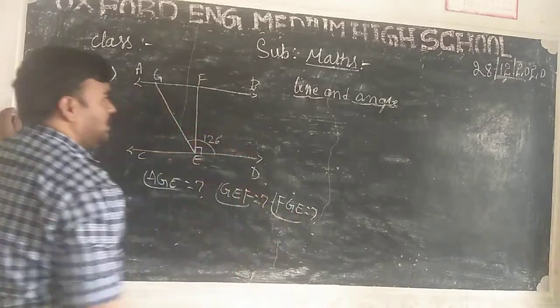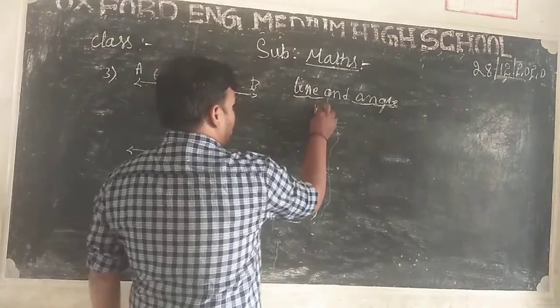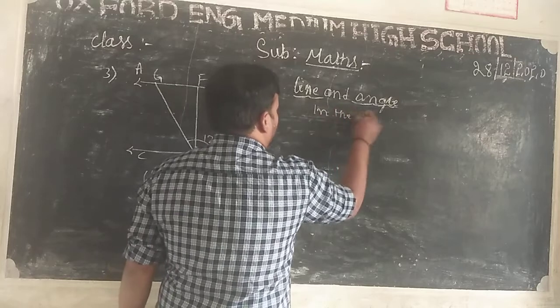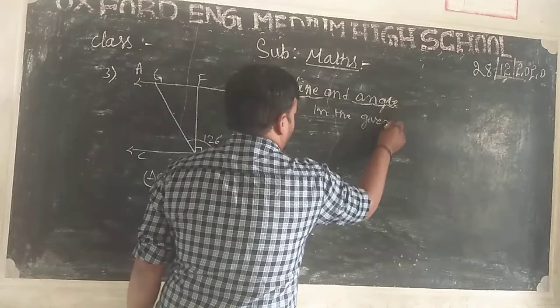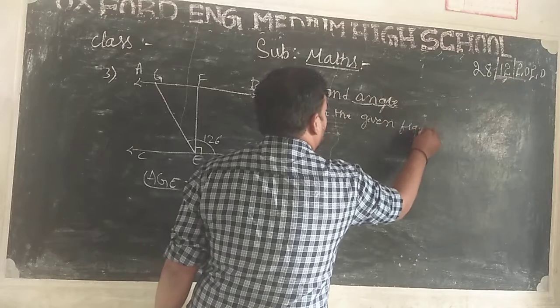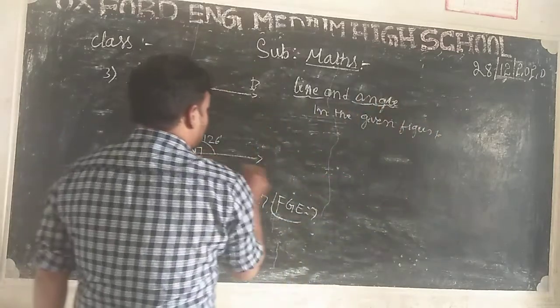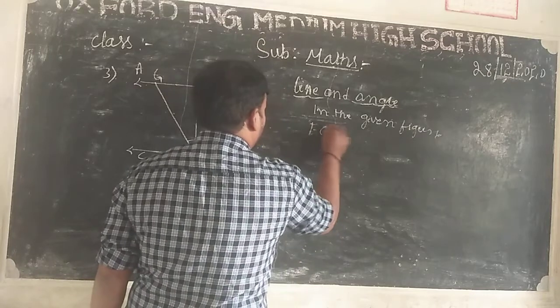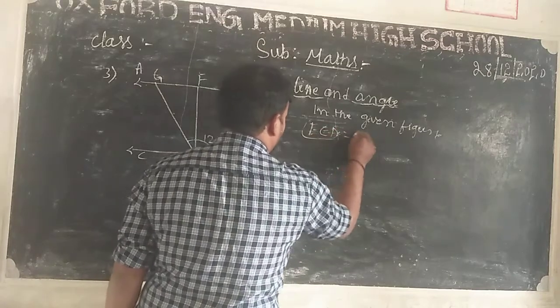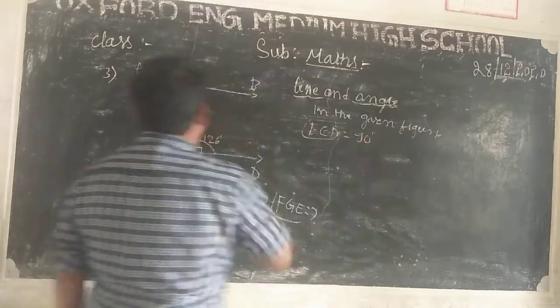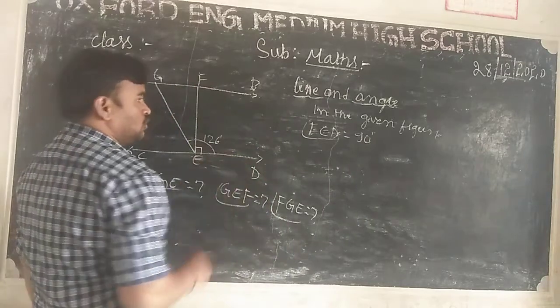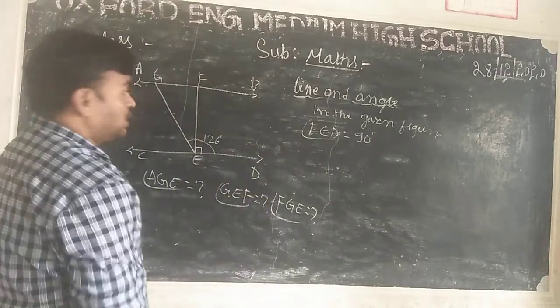In the given figure, FED is equal to 90 degree because it is a right angle; FE is perpendicular to CD, so hence it is 90 degree.